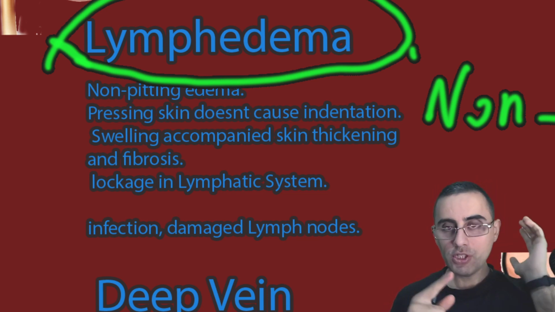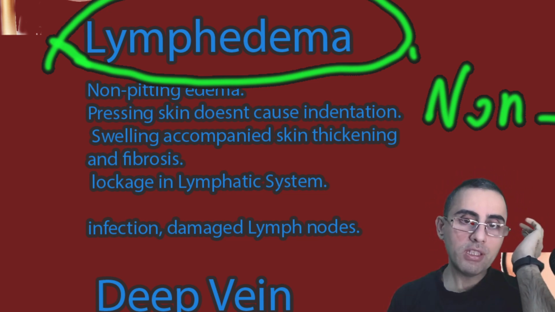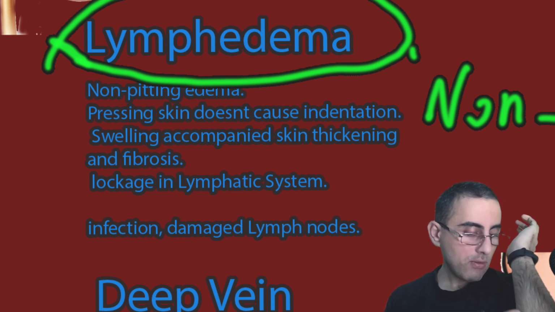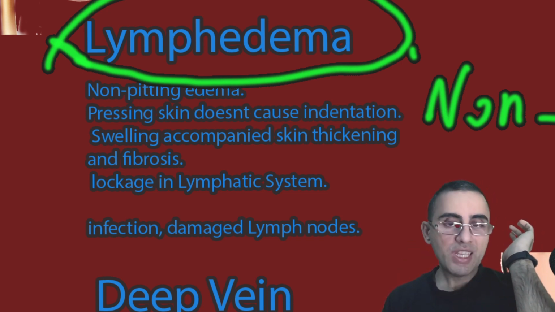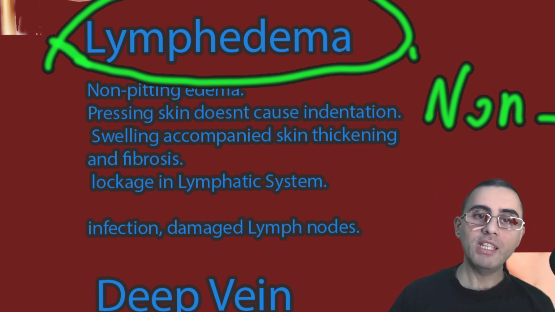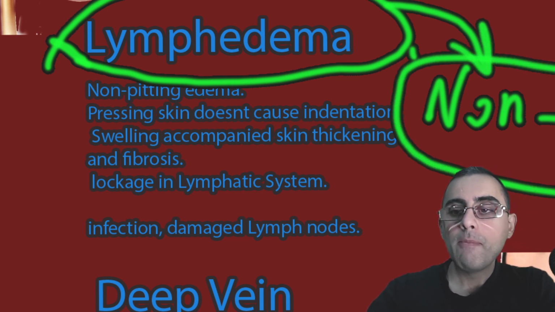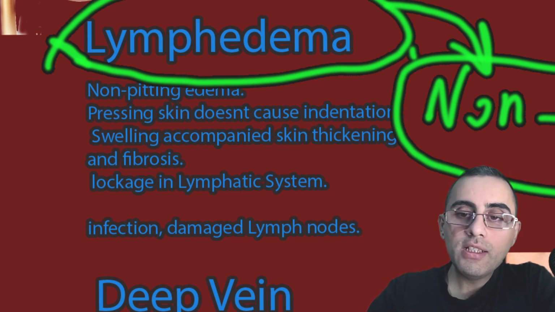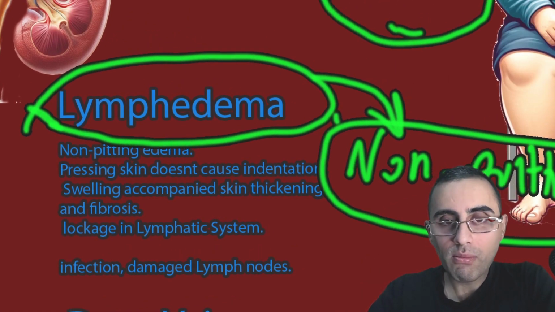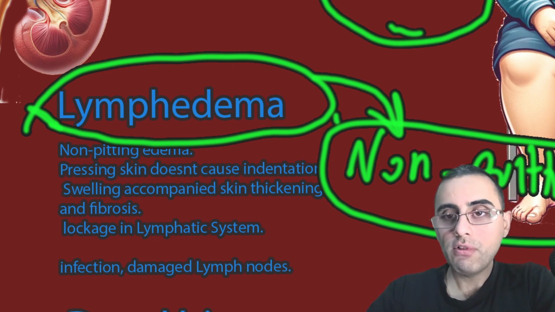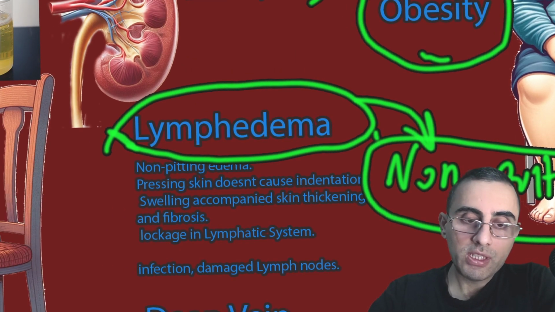But if you push the leg of a person with heart failure or deep vein thrombosis or many other conditions, and then release your finger, you see indentation. It is called pitting edema, and lymphedema is non-pitting edema. It's a very important characteristic, and you can easily distinguish if the edema is because of lymphatic tissue problems, or because of, for example, heart failure, kidney problems, or deep vein thrombosis.